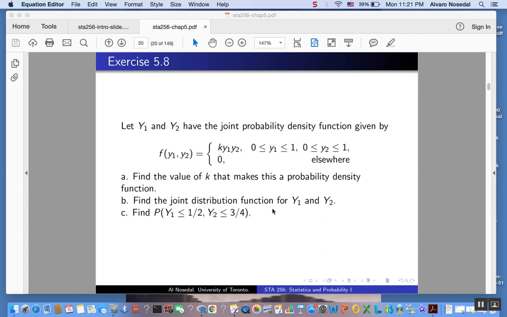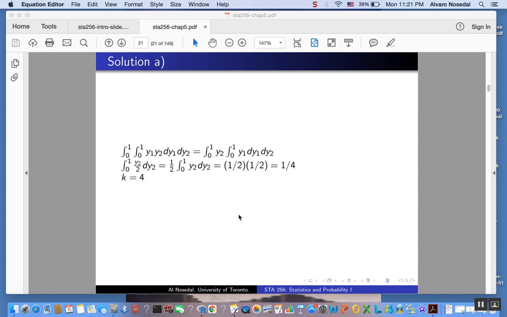Another way of solving that problem, and that's why we have part B, is finding the expression for the joint distribution function, and once you have it, you just evaluate at 1/2 and 3/4.